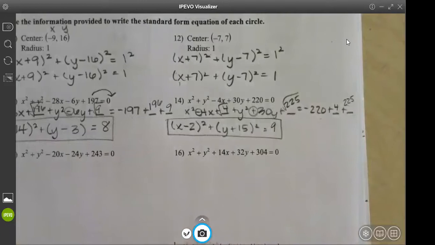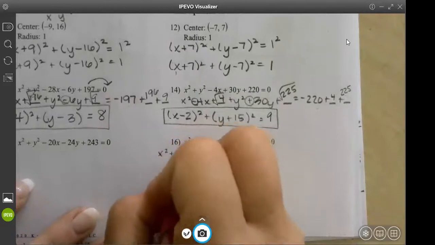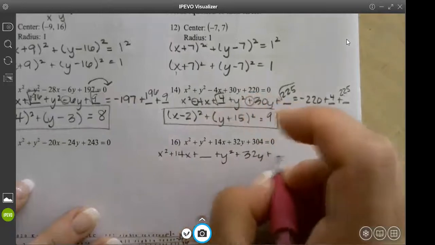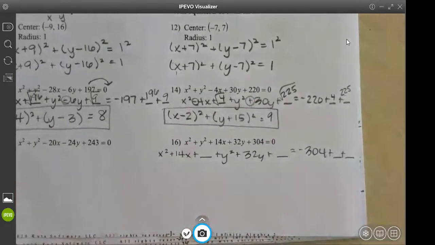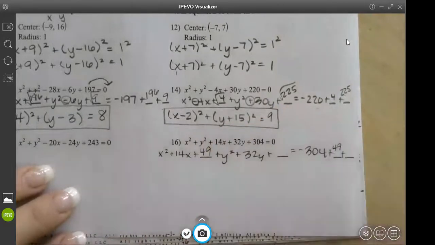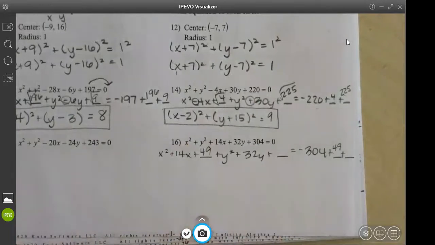I'm going to just drop down to 16 since it's already on the screen. Put your x's together, x squared plus 14x with a blank, y squared plus 32y with a blank. Move the 304 and 2 blanks. 14 divided by 2 is 7, squared is 49. 32 divided by 2 is 16, squared, I don't even know that one either. 256.